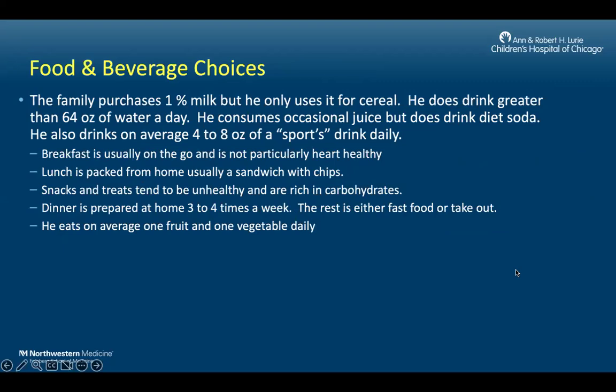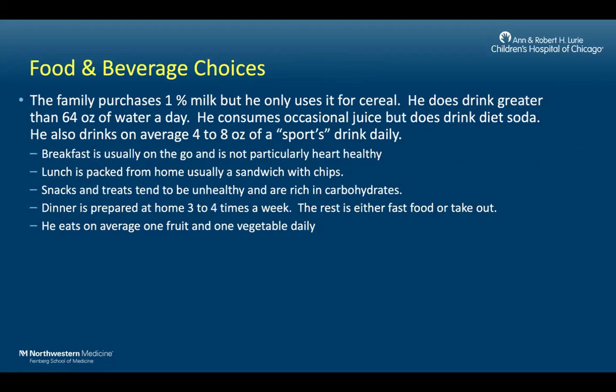So he's okay. 1% milk. We want our kids on either 1% or fat-free milk. The almond milks and all that are really not milk. He does drink greater than 64 ounces of water a day, consumes occasional juice, but does drink soda pop, diet soda, and he drinks an average of 48 ounces of sports drinks a day, which is a little bit more than we like to see.